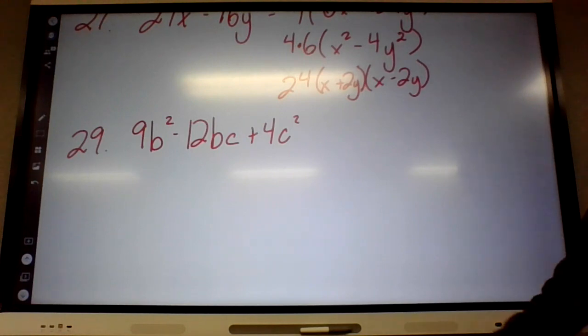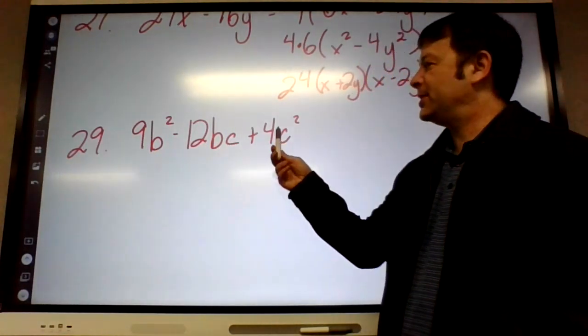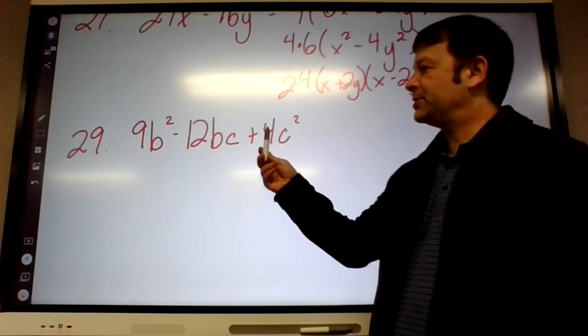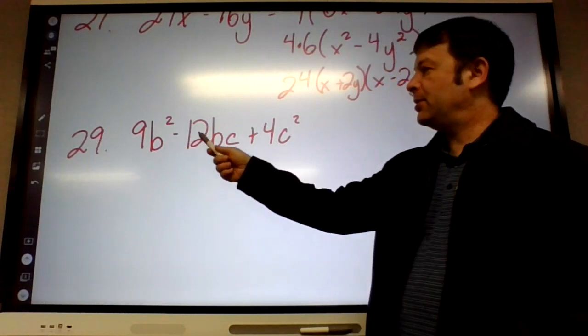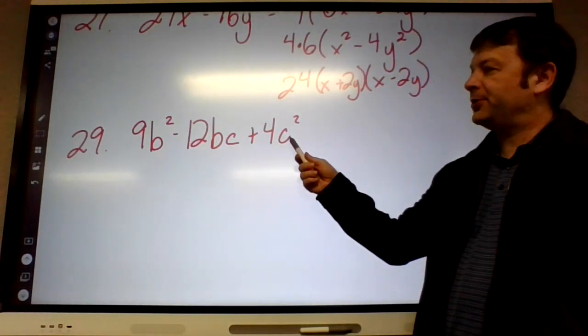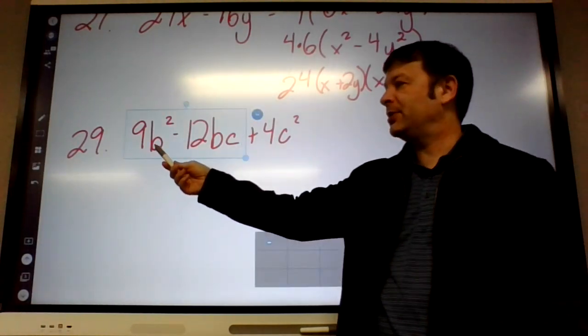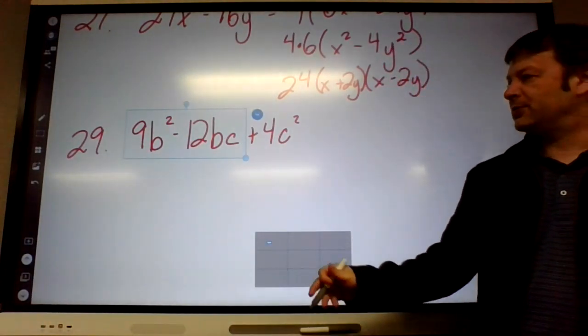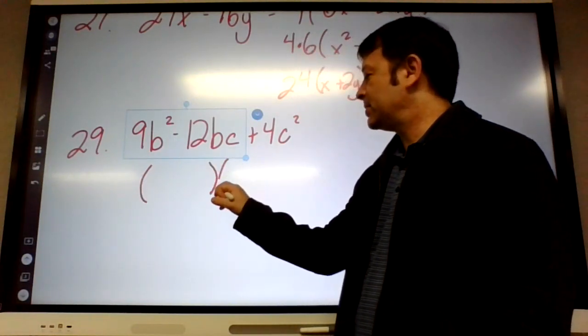No. 3 goes into 9 and 12, but it doesn't go into 4. 4 goes into these, but it doesn't go into 9. And no letter goes into all 3 terms. B doesn't go into this one, C doesn't go into that one. So there's nothing we can take out. So it's just a 3-term. Could be prime, but let's see.